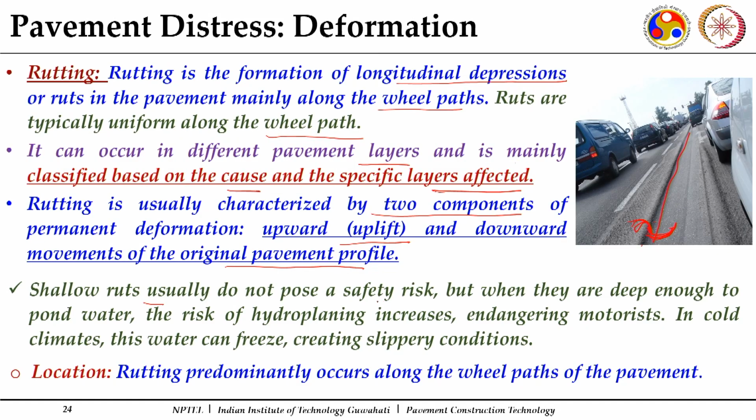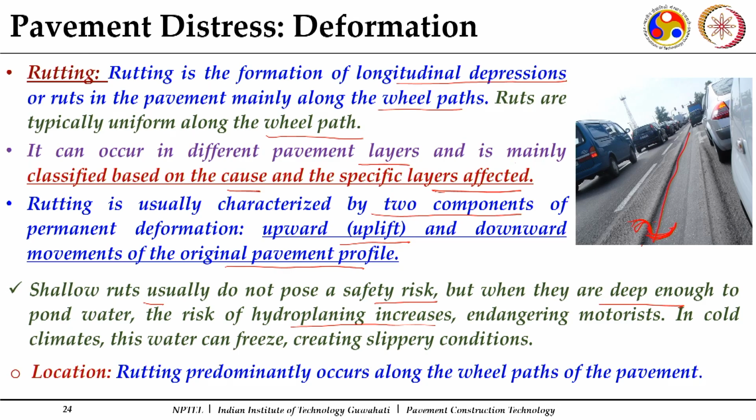Shallow ruts usually do not pose a safety risk. The problem is if the ruts, or the depression, disturb your cross drainage and lead to ponding of water along these ruts, then it raises a safety concern. Shallow ruts usually do not pose a safety risk as long as the water is able to move out from the surface, but when they are deep enough to pond water, the risk of hydroplaning increases, so the chances of a vehicle losing its skid resistance.